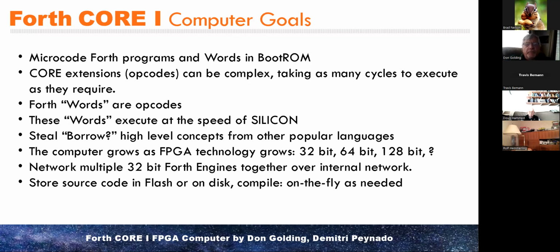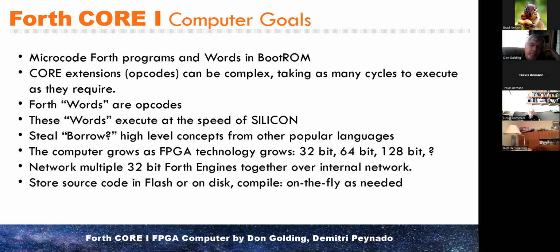What you can do is factor that equation out into maybe 5 or 6 different functions, and you create opcodes for each one of those, and you write SystemVerilog code, not Forth code, so it runs at the speed of silicon. And now you can call those words. You can write that mathematical expression in high-level Forth, but it's calling these opcodes that are running at the speed of silicon.